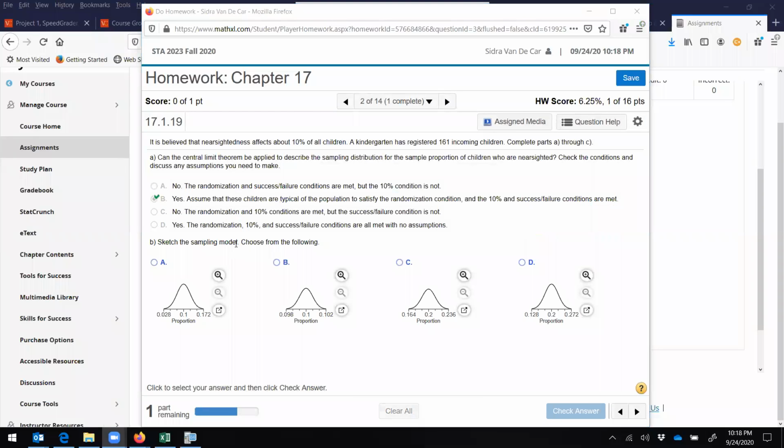Next, sketch the sampling model. Now, again, if it's centered at 10%, I want 0.1 in the middle. So I can rule out these last two because both of these two are centered at 0.1. Now we do the same thing to find the standard deviation that we did before. Our standard deviation would be the square root of 0.1 times 1 minus 0.1, so 0.9, over the number of children, 161. Let's plug that into our calculator.